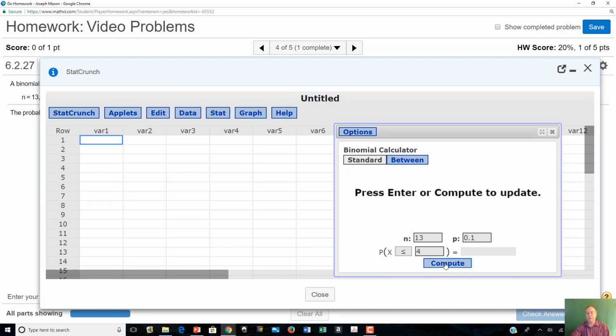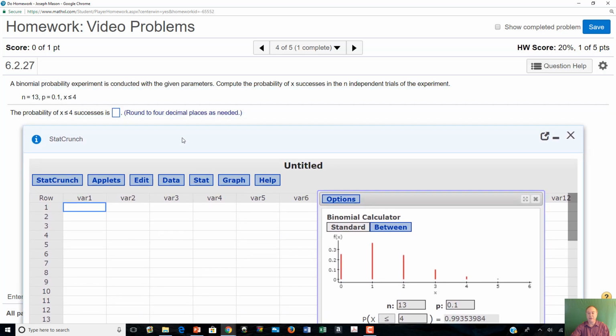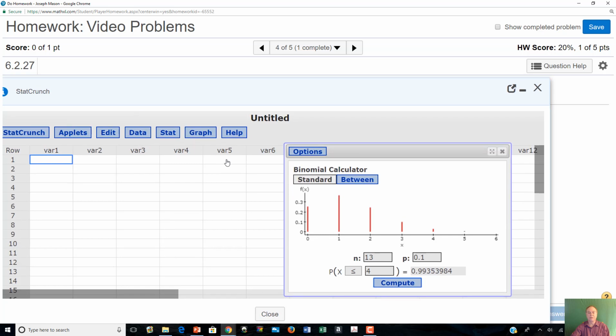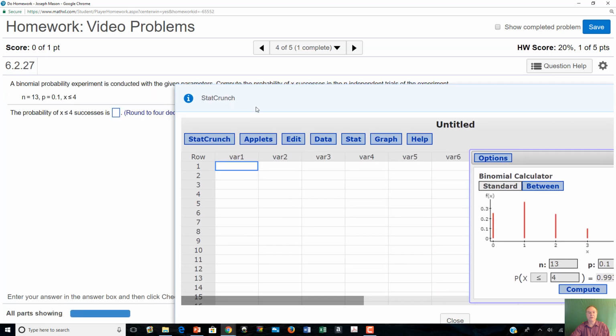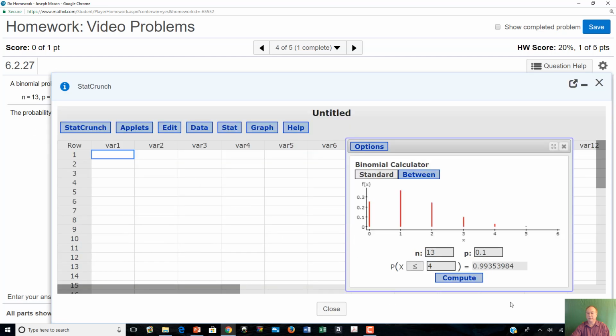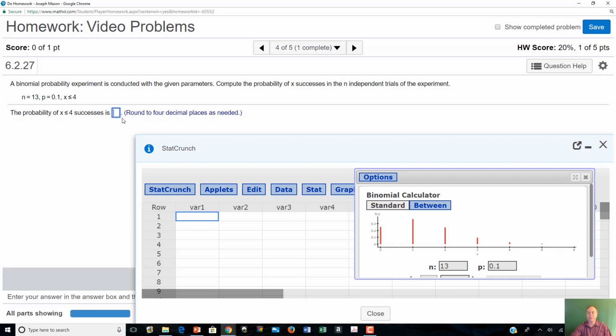Click Compute. And my answer is 0.9935. And I wanted this to 4 decimal places, so 0.9935.